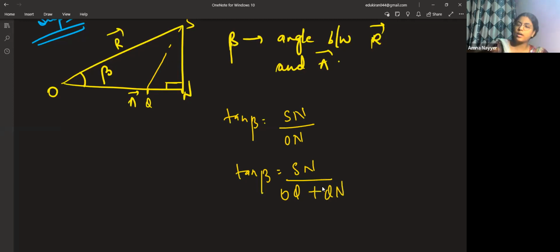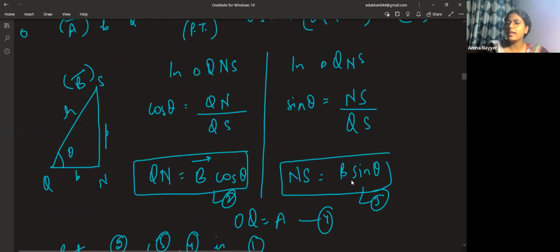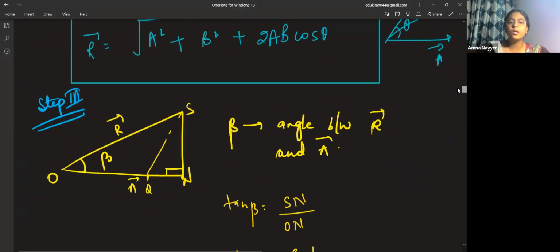Now, in the last class where you have written the derivation, we have found the meaning of every term. Look here. NS or Sn is B sine theta. So we can conclude tan beta as B sine theta divided by OQ plus QN. OQ is this vector A, the vector we had started with. A and B were the two vectors, no?